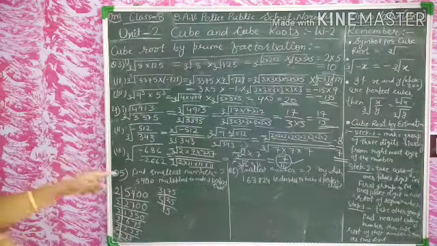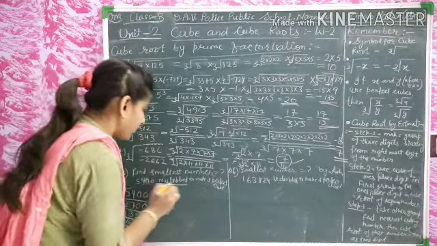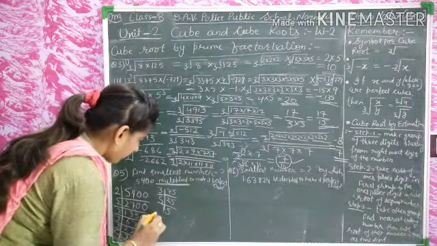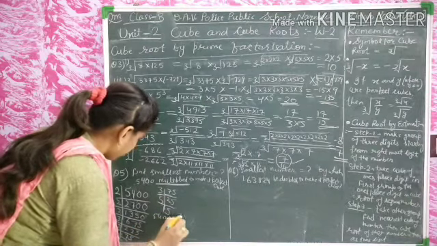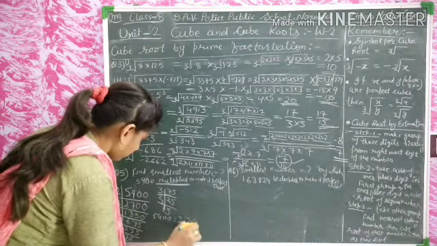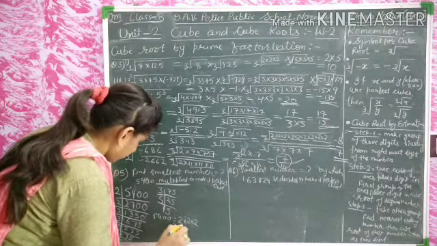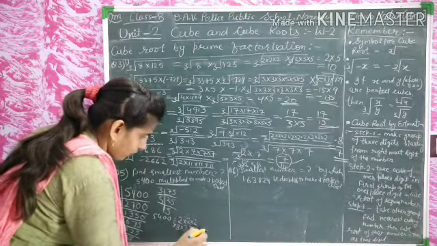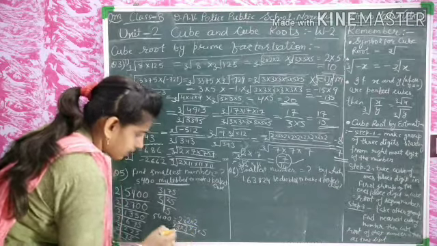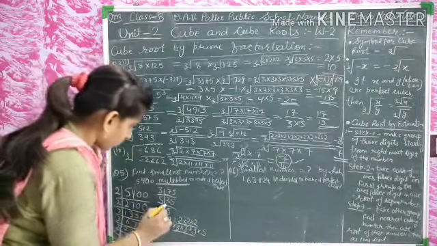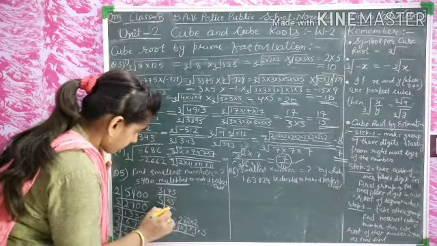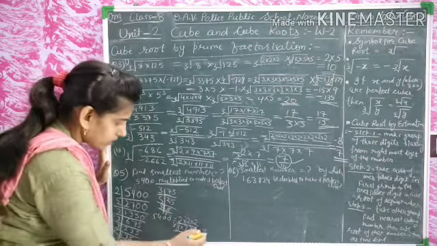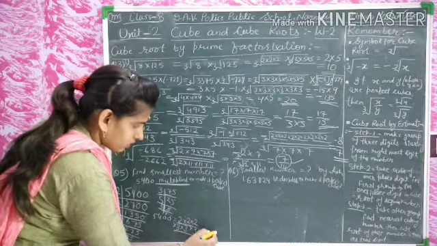Now there is the multiplying number. So the prime factorization of 5400 equals 2 into 2 into 2 and into 3 into 3 into 3 and into 5. There is a triplet of 2s here and a triplet of 3s here, but 5 does not have a triplet.